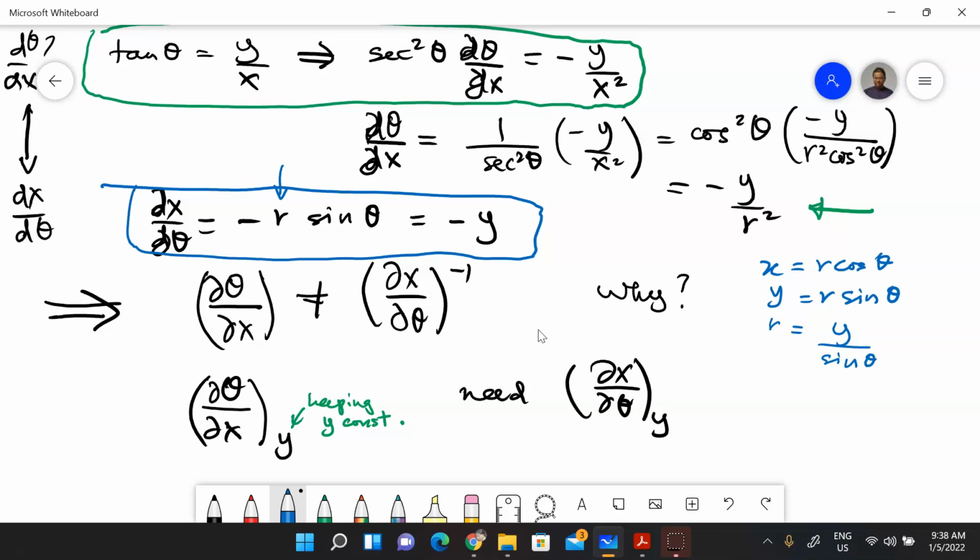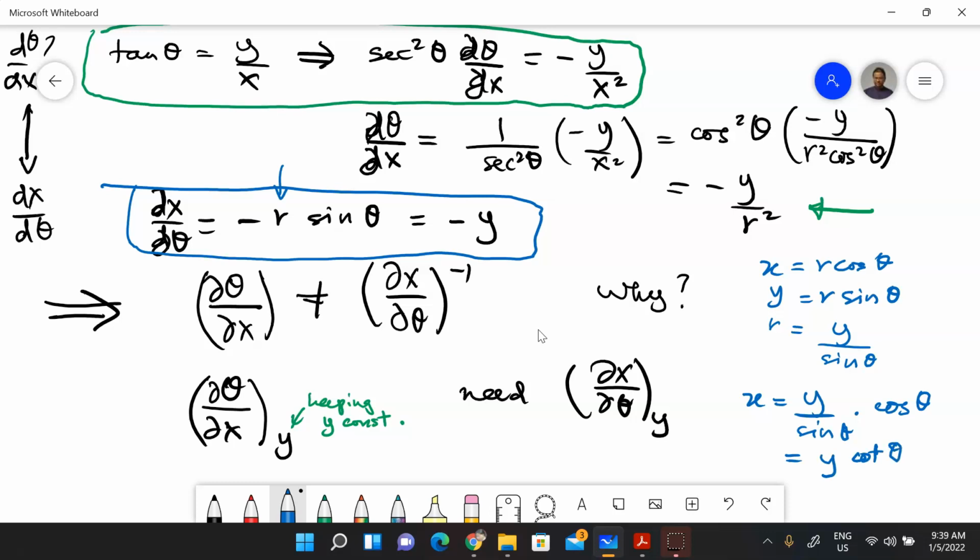So in other words, if I want to do this derivative, I have to re-express your x as a function of y and theta. That will give me y over sine theta times cos theta, which equals y cotangent theta.